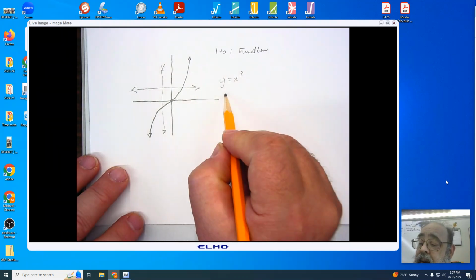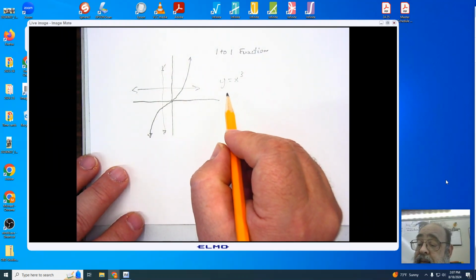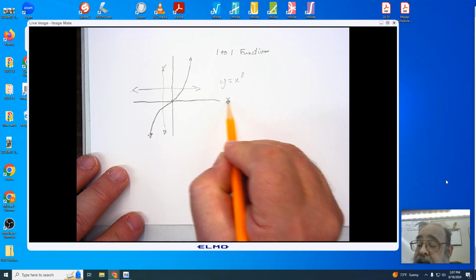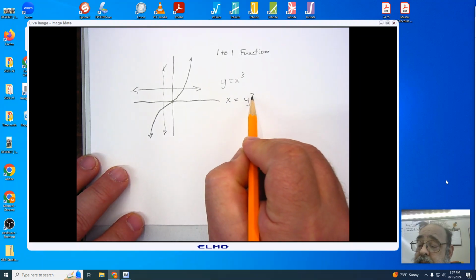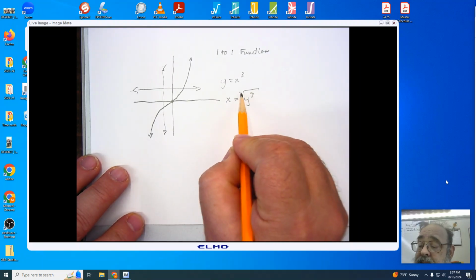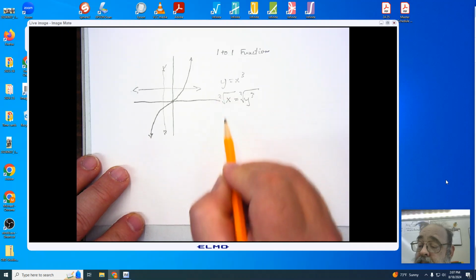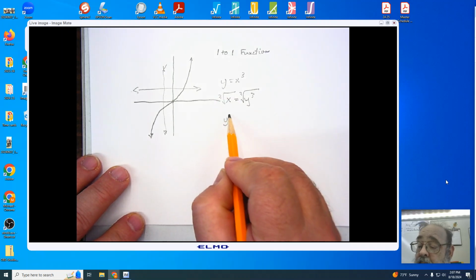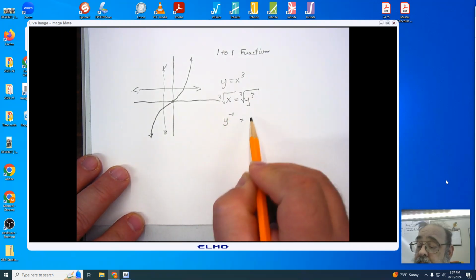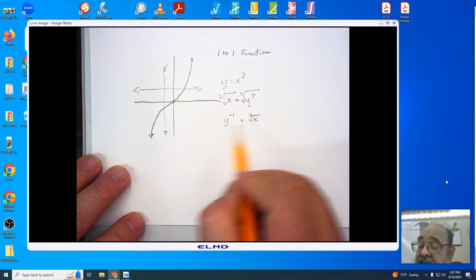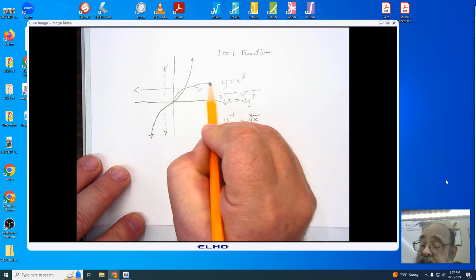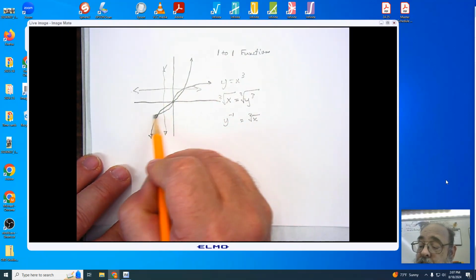In this case, we know that the way we can find the inverse is by exchanging the x and the y values, and then we take the cube root of both sides, and we end up with our inverse function, the cube root of x. And that goes up this way and this way.